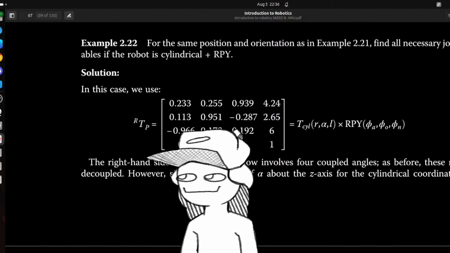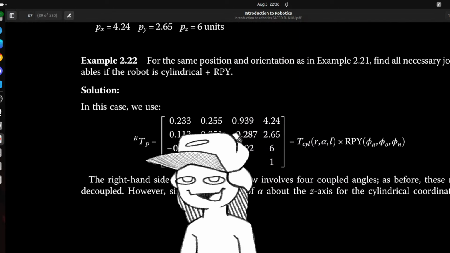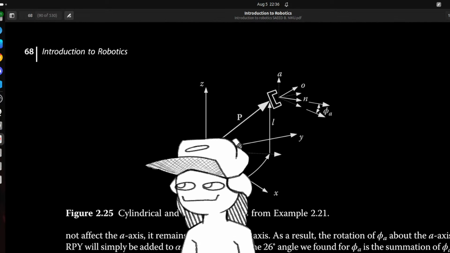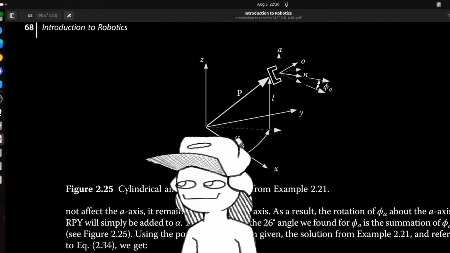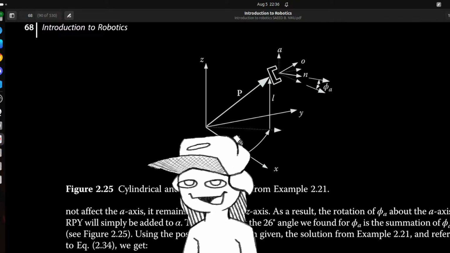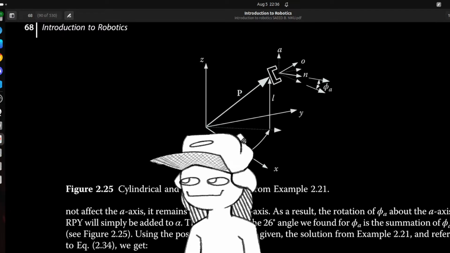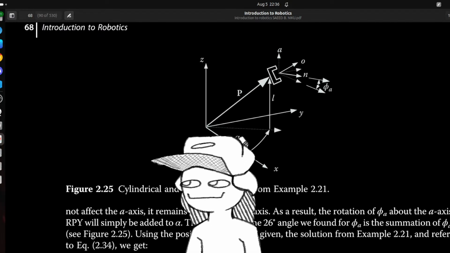What the fuck? Rotation of alpha a about the a axis. Simply alpha.